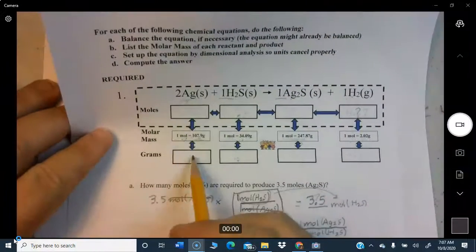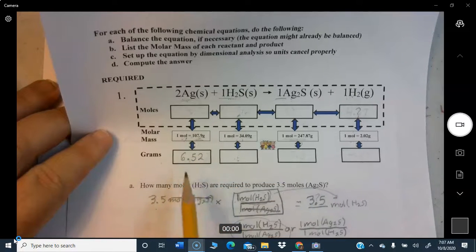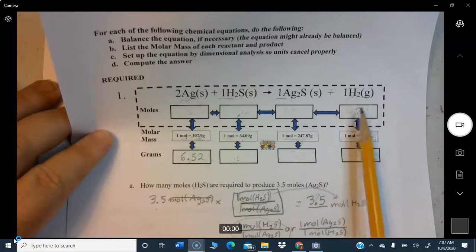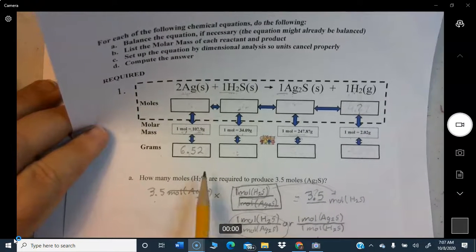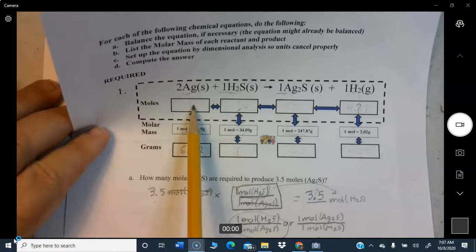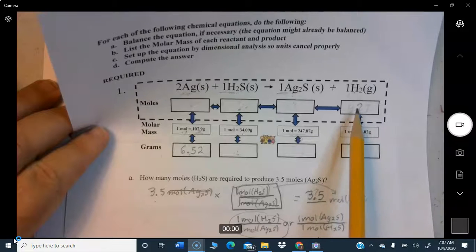So here's Ag, here's grams, so 6.52 goes there. So in this case, both the math equation and the chemical equation are going from left to right, what we know to what we don't know. How many steps is this process? We have to get into the chemical equation, that's one step, and then from moles to moles, and we're done with this problem. So that's a two-step process.